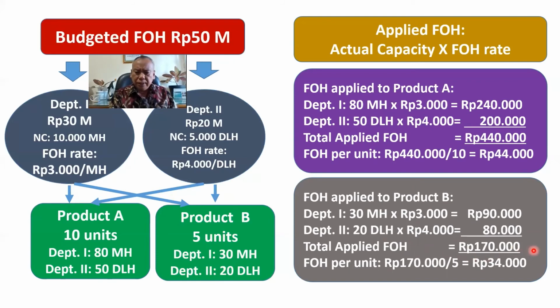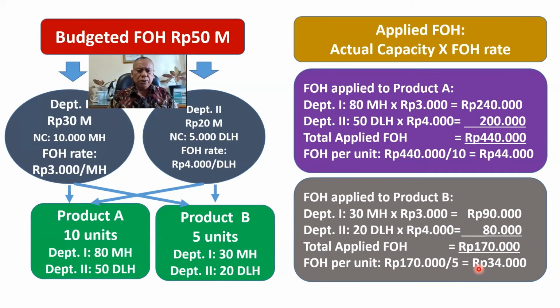So the factory overhead cost per unit is 170,000 divided by 5 units. So we find 34,000.